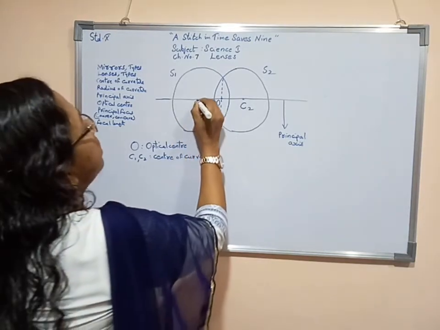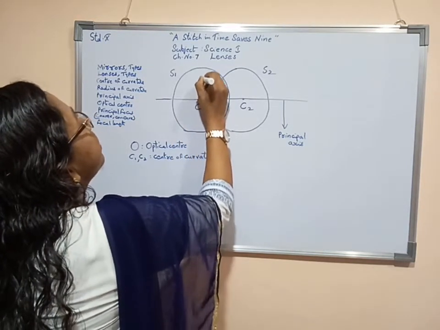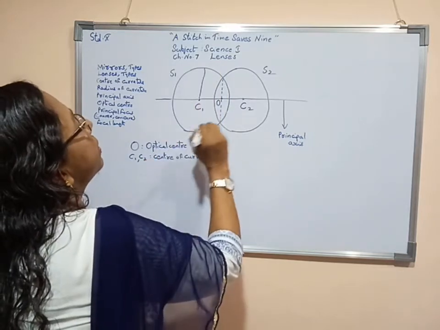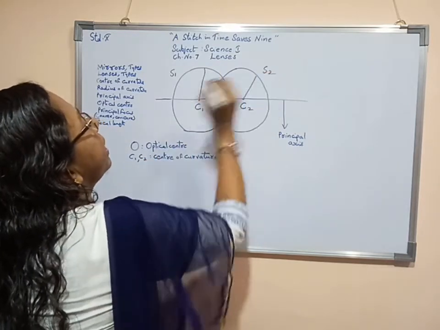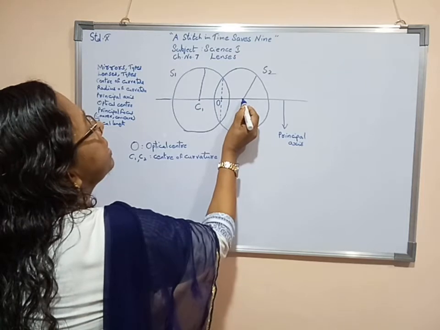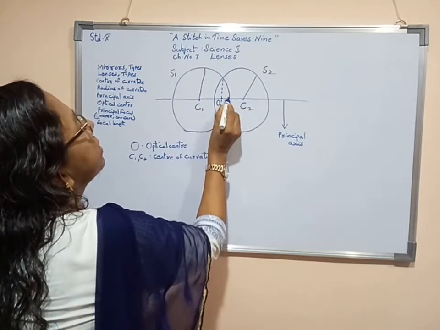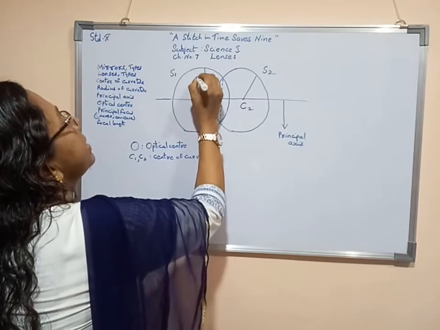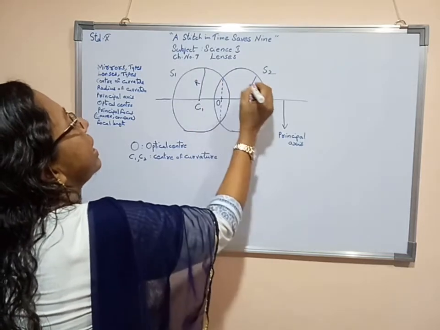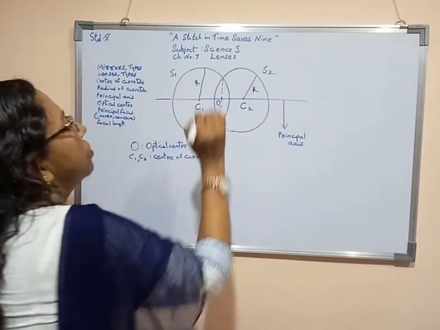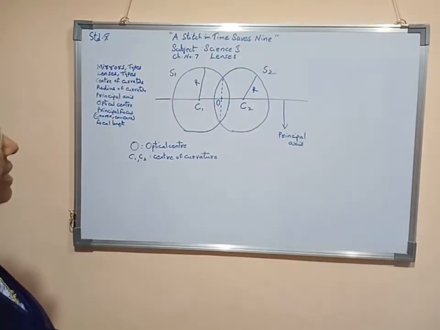Now if we draw a line from the center towards the curvature, similarly from this center towards here, that is the radius of curvature of the lens.